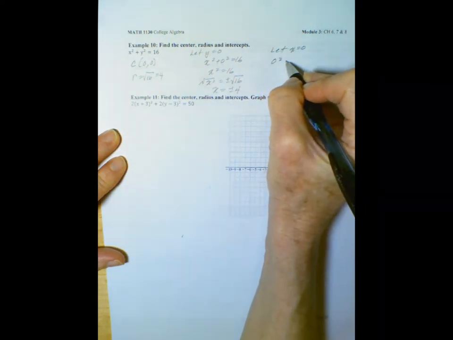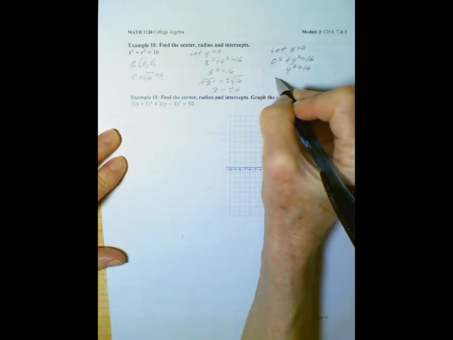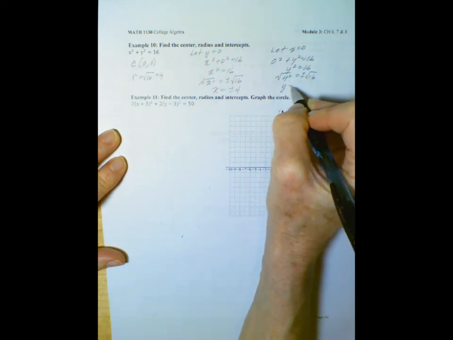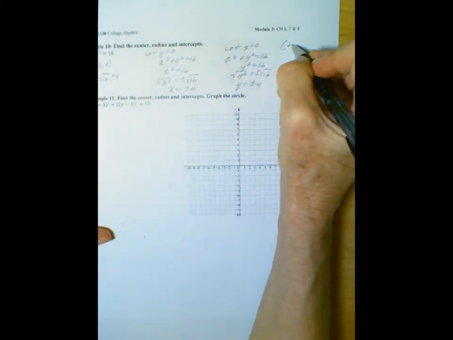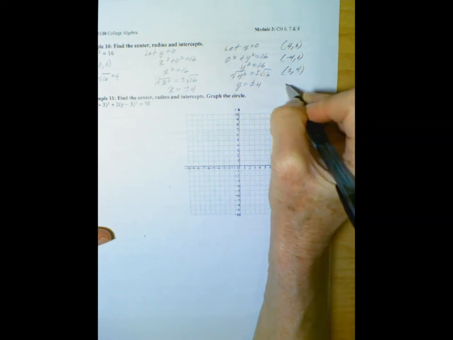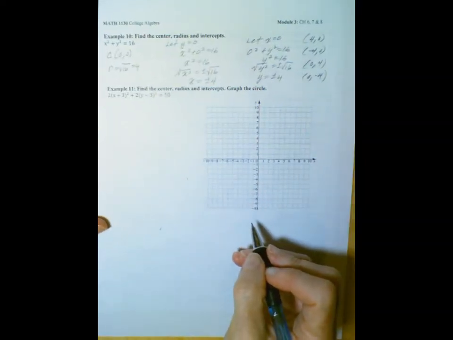So 0 squared plus y squared equals 16. Don't we go through just the same analysis? So y equals plus or minus 4. So the intercepts are 4, 0, negative 4, 0, 0, 4, and 0, negative 4, right? Centered at the origin.